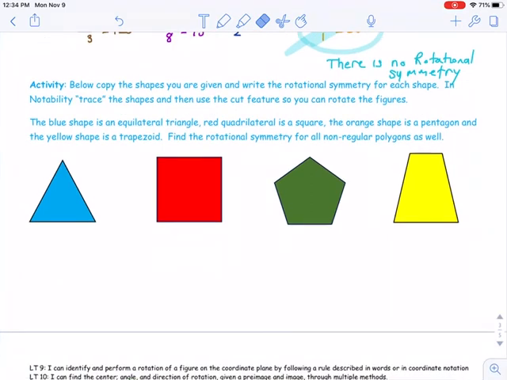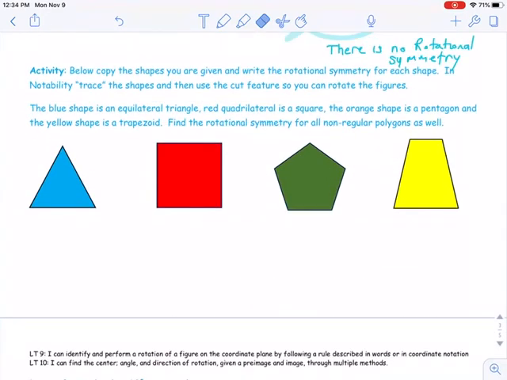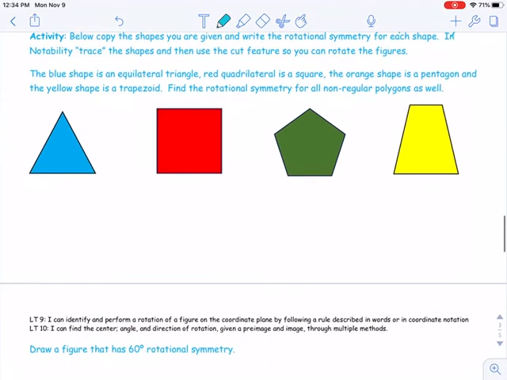Discover the rotational symmetry for each of these objects. And then I'm going to write the answers down, but I hope you just don't copy them. I hope you can figure out why it's this for each one.